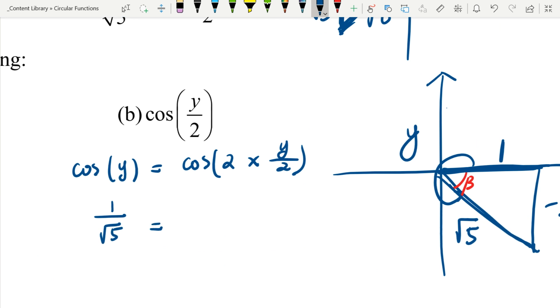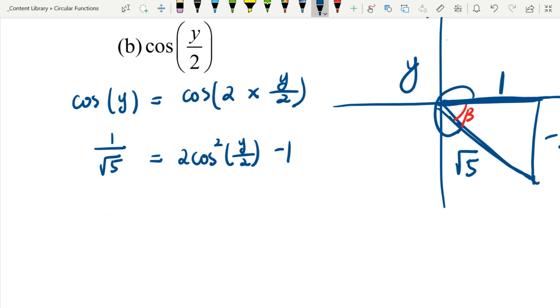I can do it 3 ways: cosine squared minus sine squared, 2 cos squared minus 1, or 1 minus 2 sine squared. Which one will we pick? 2 cos squared y over 2 minus 1. I'll definitely use this one because I'm looking for cosine y over 2. I won't use 1 minus 2 sine squared because I'm not interested in the sine squared.